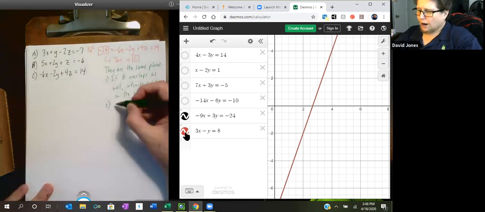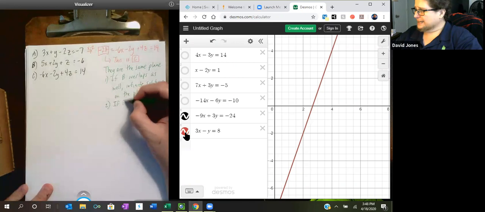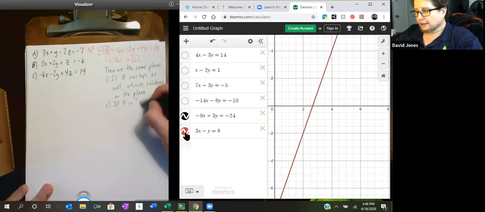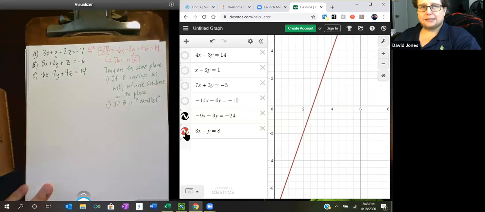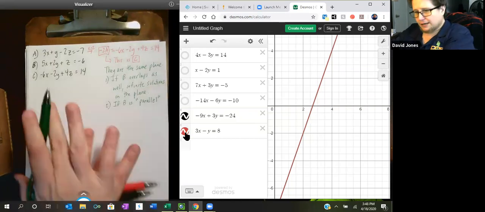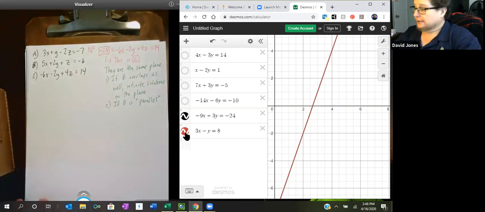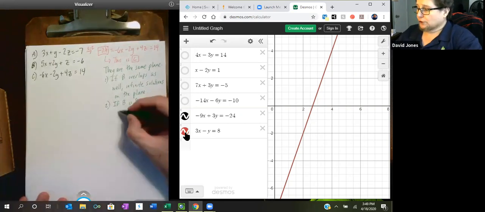This is an awkward way of saying it, but if B is parallel, we use the word parallel to describe lines, but let's just say 2 planes that are equally spaced, like cake layers. There's no solution.